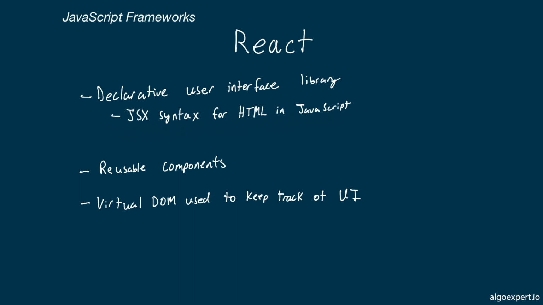And what this is, it is essentially the ability to write HTML syntax inside of JavaScript. This allows us to use JavaScript functions and variables inside of our HTML, and we get this very declarative result where we can simply write out the output that we want, so what we want the DOM to look like, and what variables we want to be used where, and React will handle the rest for us.